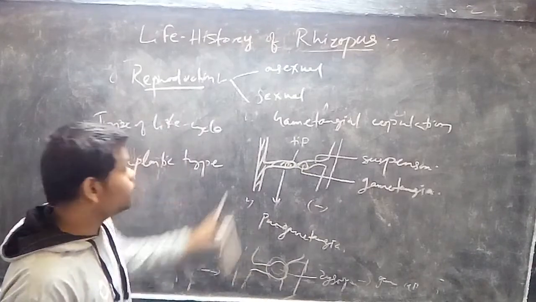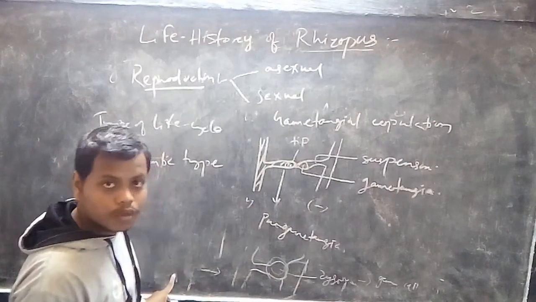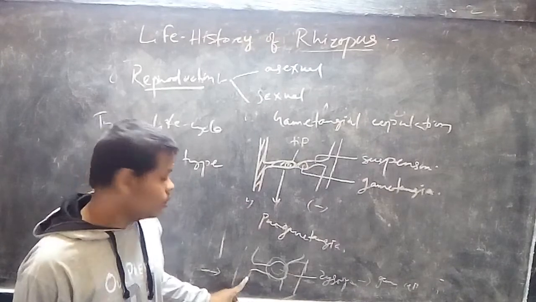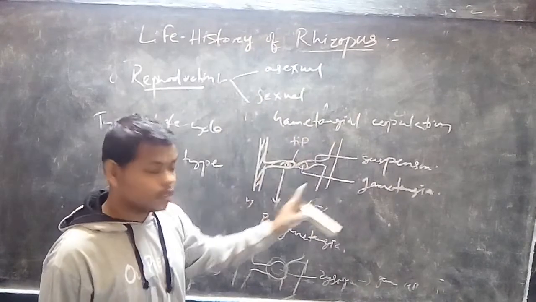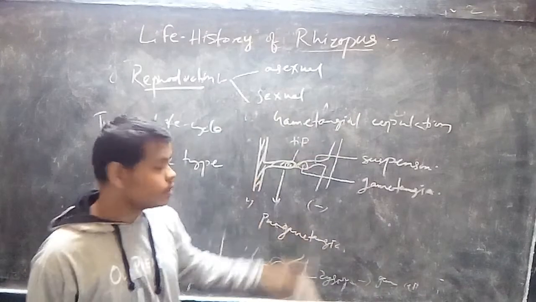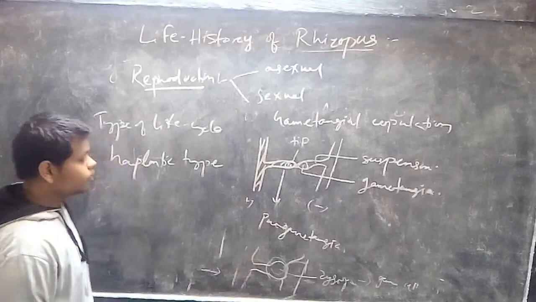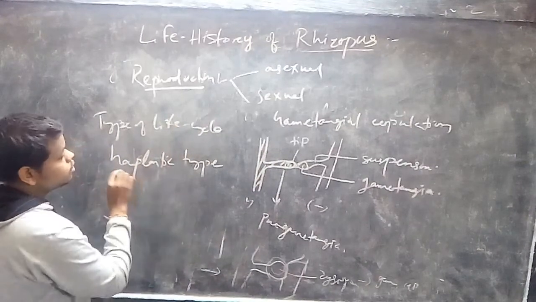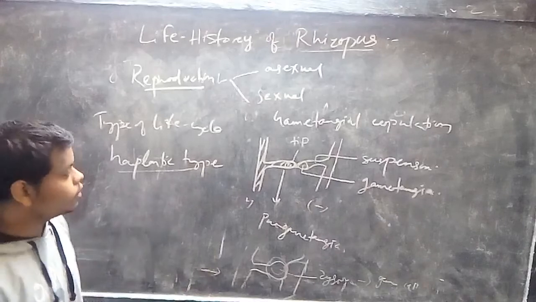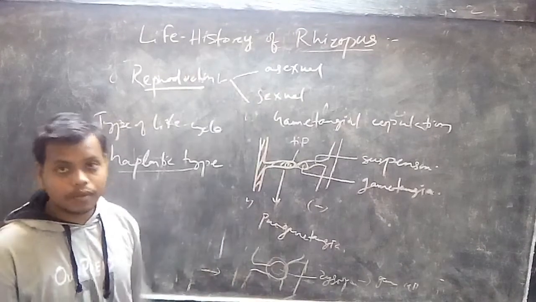Only if sexual reproduction occurs, then zygote is found, then the diploid stage is found. But if asexual reproduction occurs, the plant body or the fungal body of Rhizopus is haploid. That's why the life cycle of Rhizopus is called haplontic type. Okay. So this much you have to write if the question arises, life cycle of Rhizopus.